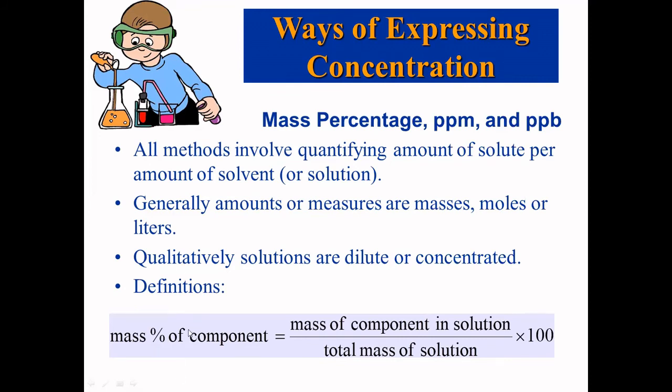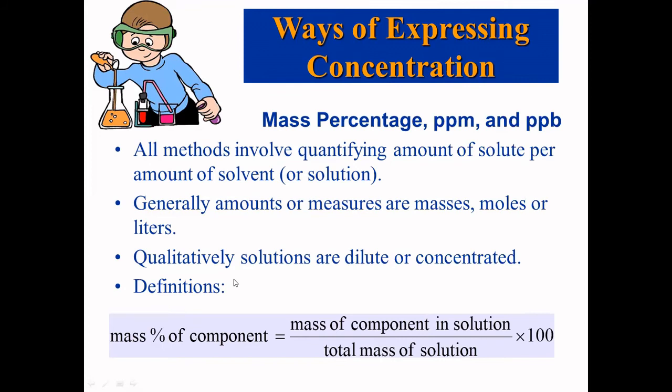That is why it's really very important, class, that a quantitative manner of expressing solution concentration is done rather than qualitative, because what might be dilute to me is already concentrated to you. It's a relative way of telling that dilute has less solute and concentrated has more solute.